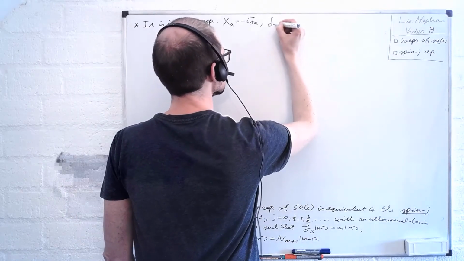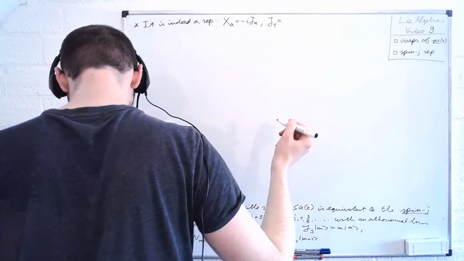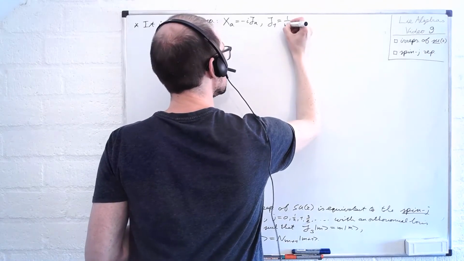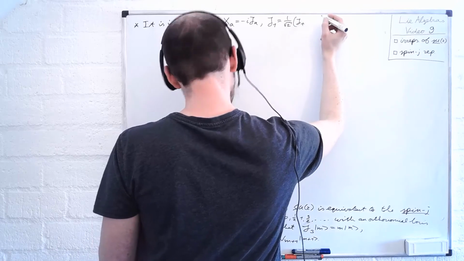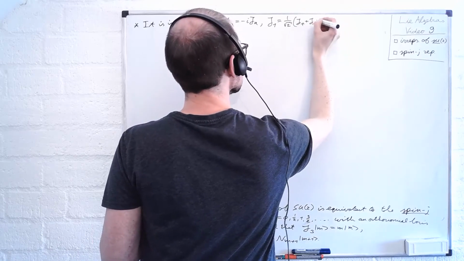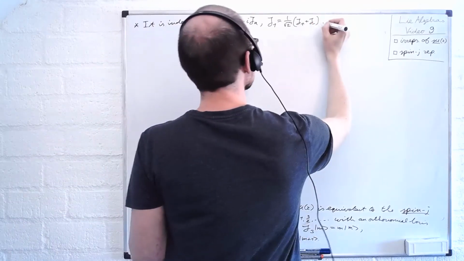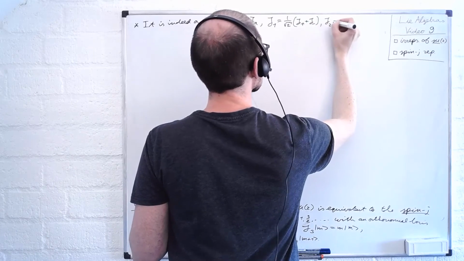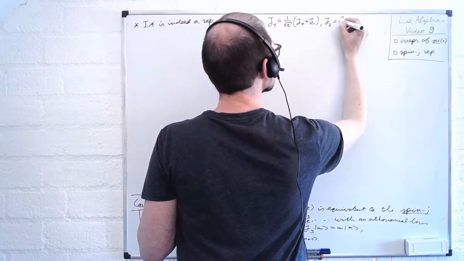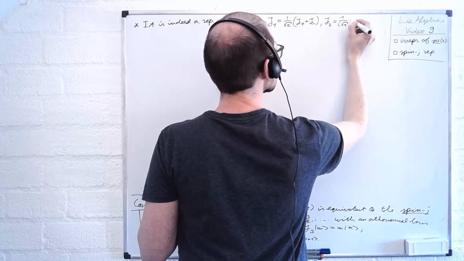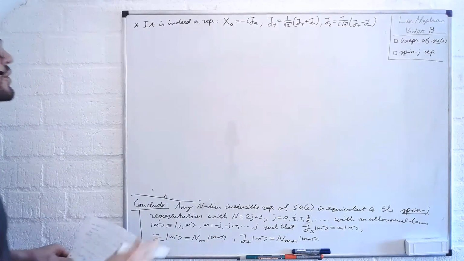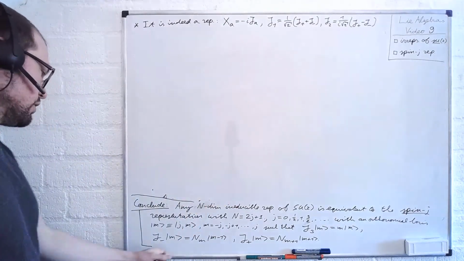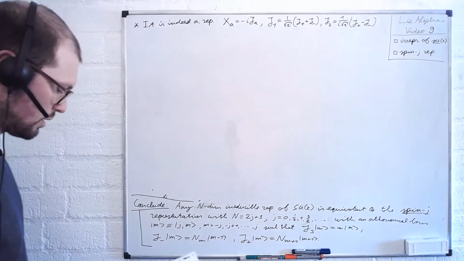So to be precise, let's write them down. J1 is J plus plus J minus, and J2 is this way, and J3, okay, we're already told what the action is there.